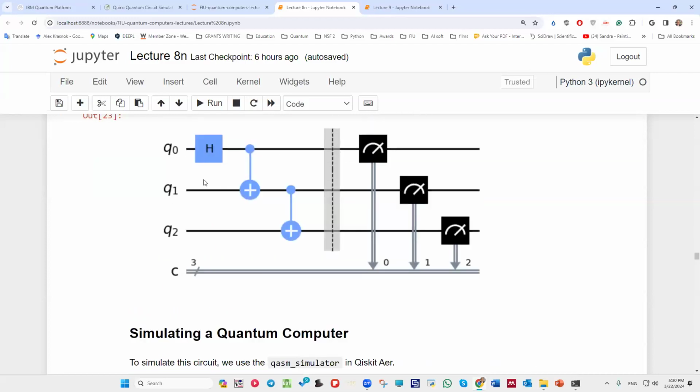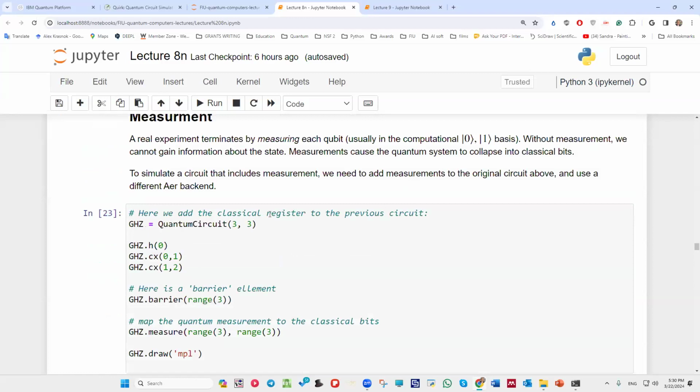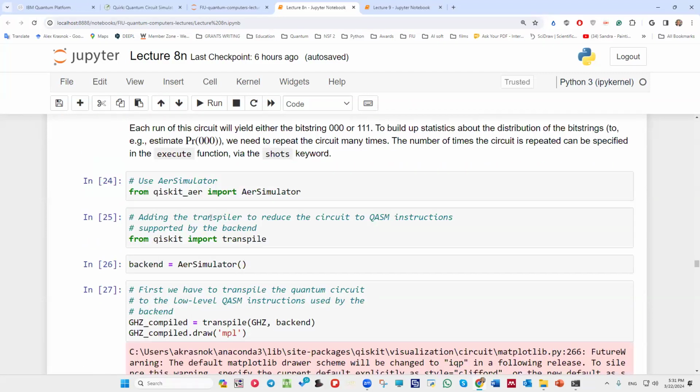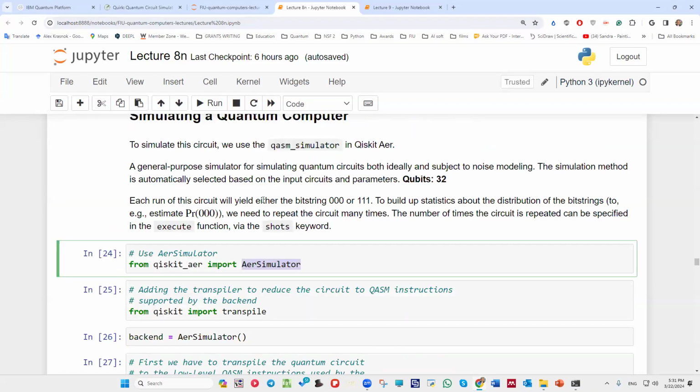We discussed how to introduce measurement and how we can simulate measurement using Qiskit algorithms. Then we introduced this Aer simulator, which is the type of simulator that mimics the operation of a real quantum computer.